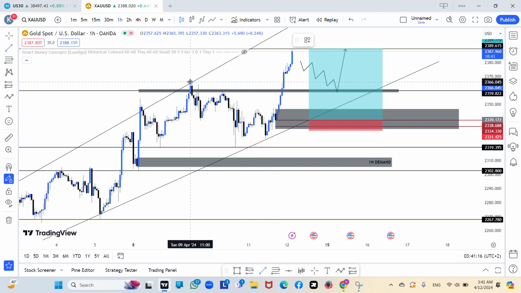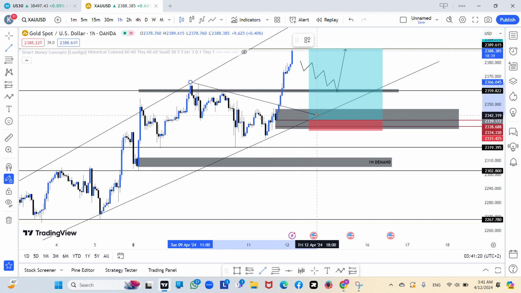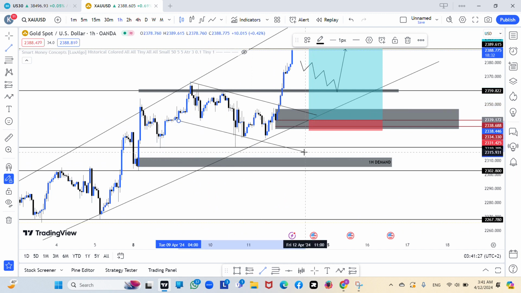As you see here, we have a flag pattern, we are having a flag on gold.